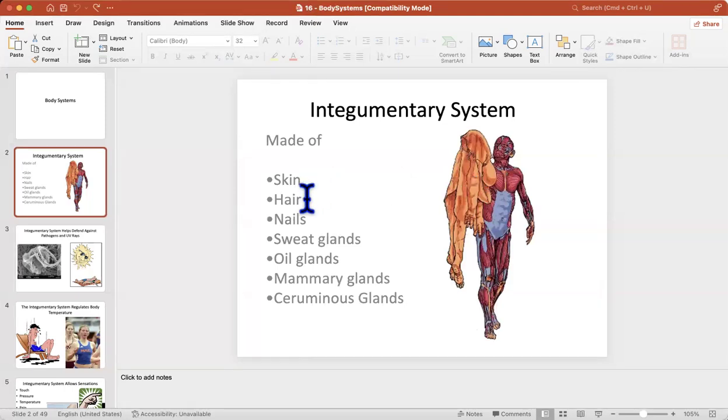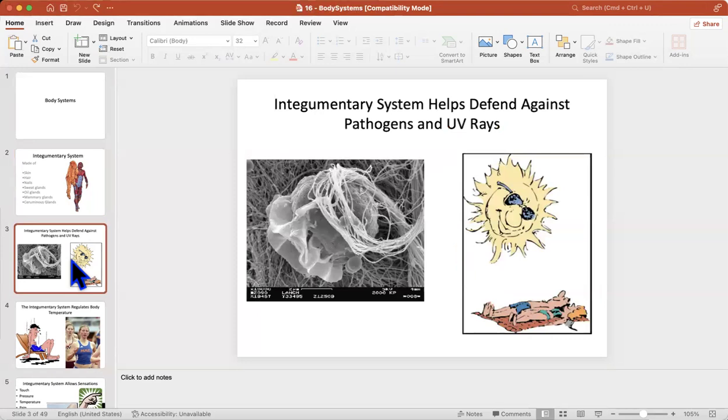Also included are hair, nails, sweat glands, oil glands, mammary glands. A mammary gland is a specialized sweat gland that produces milk. The ceruminous gland is a specialized sweat gland. It produces earwax. So all these are the components of the integumentary system.